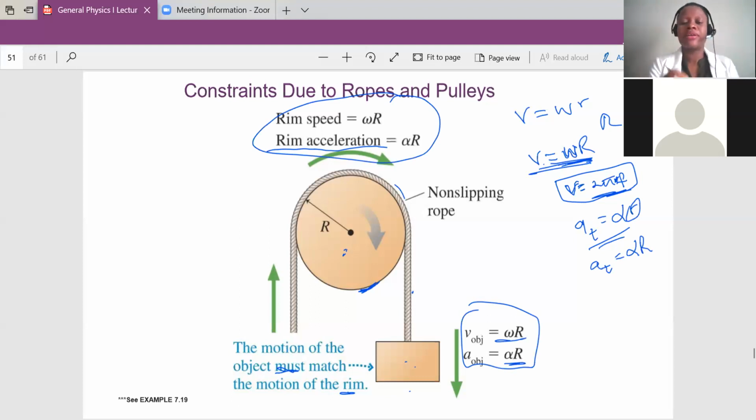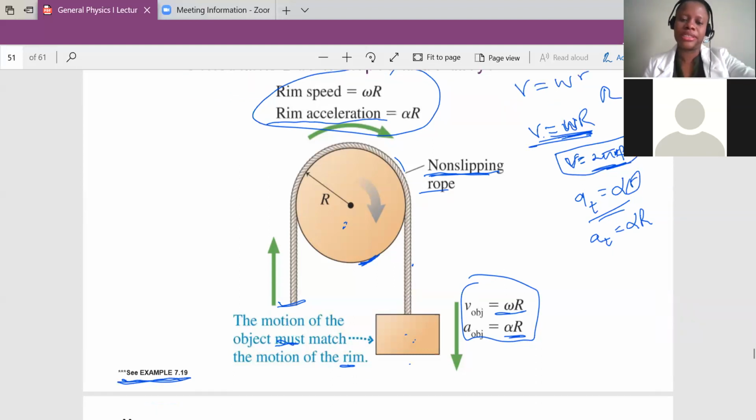So we see how the rim constrains the motion direction of the weight and the rope for a non-slipping rope. So the weight is not just pulling the rope off the rim. It is actually being defined as the motion that the rope takes round that rim, which is the motion of the rim defines the motion the rope takes round the rim. So I encourage us to check example 7.19 of our text to better understand this.